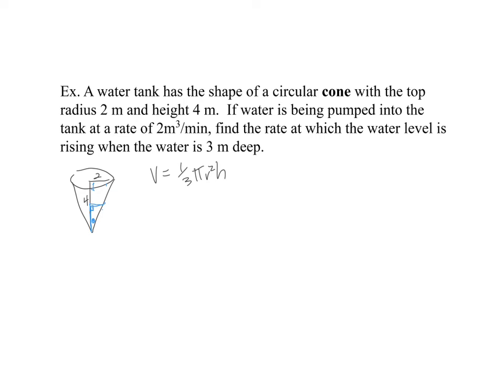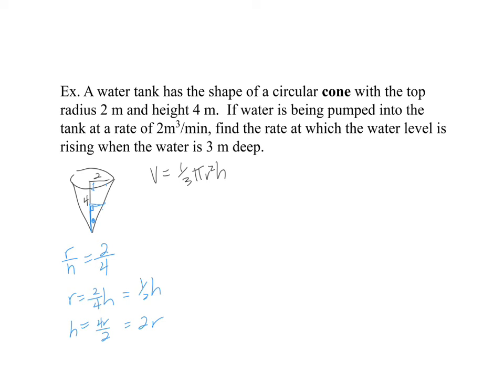So the ratio of radius to height will always be 2 to 4, or we could solve for r, which would mean r equals 2/4 h, or more specifically 1/2 h, or we could solve for h, and that would be 4r over 2, which simplifies to 2r. Depending on which one we're solving for, we can substitute these into our original equation.